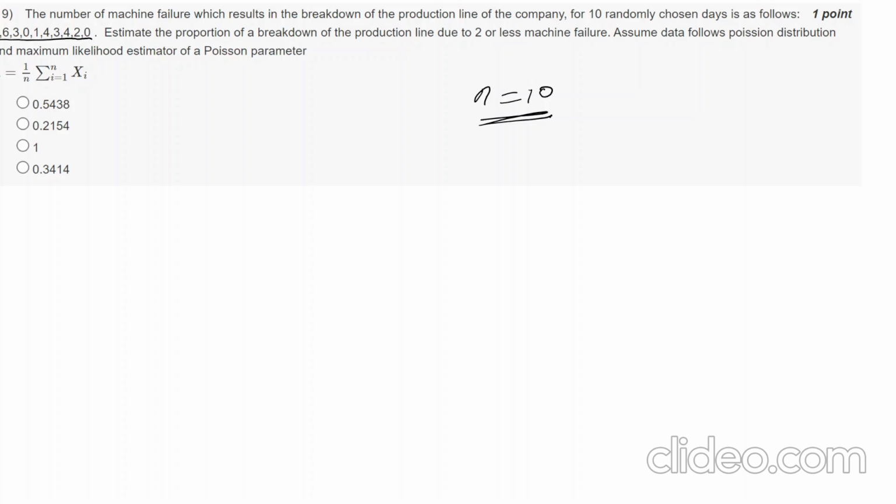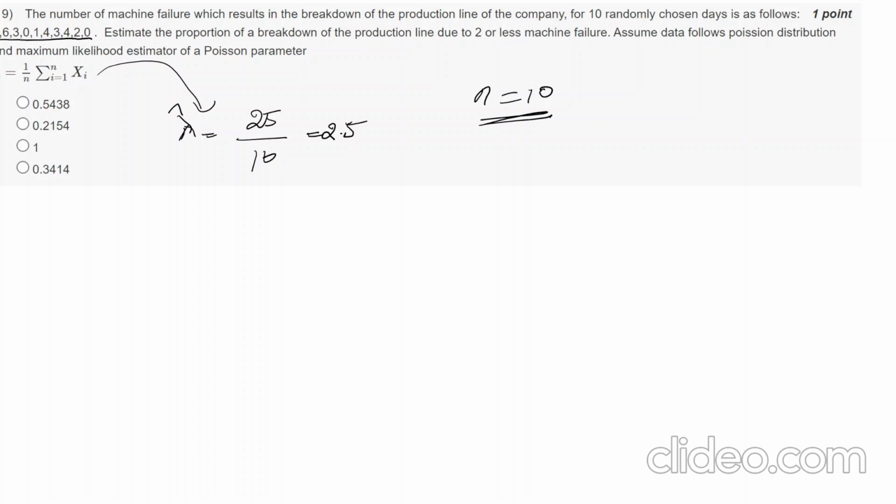We have got the n value. So let's find the maximum likelihood estimate, which is equal to the summation of all xi, 25, divided by the number of values, 10. So it's 2.5.